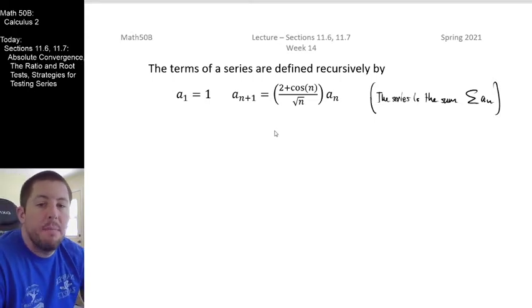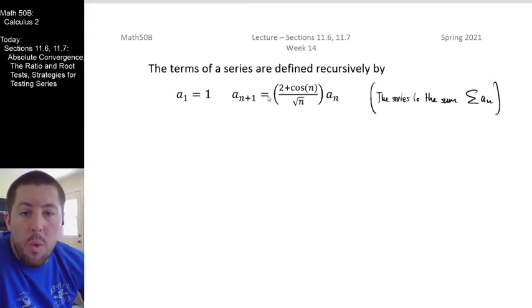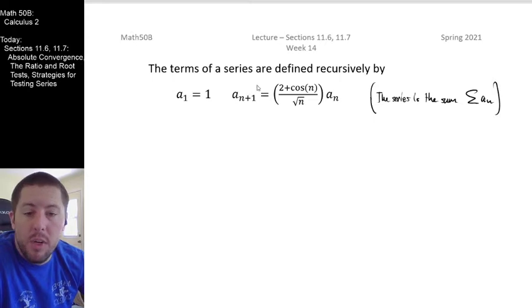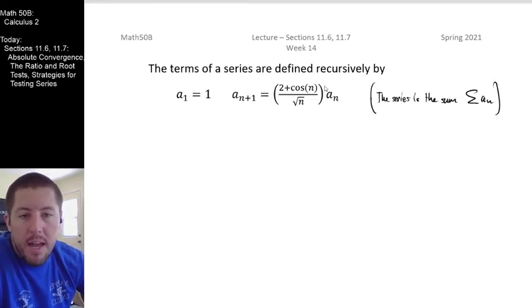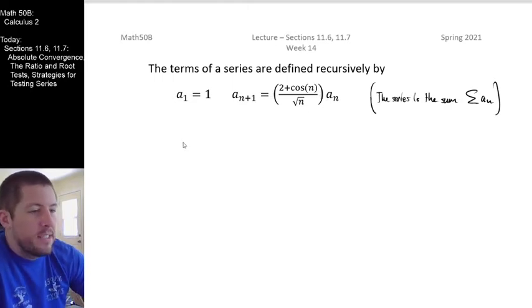However, the thing that I am seeing here is I would ask this: what is the ratio, or what is the relationship between a sub n plus 1 and a sub n? You do multiplication to get from one to the next.